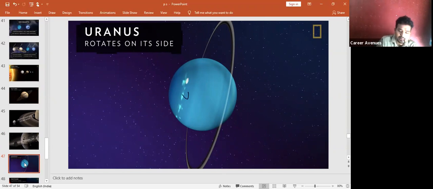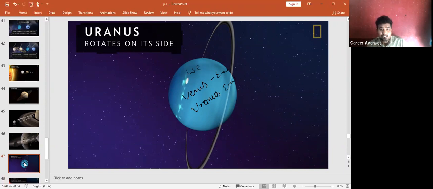Venus and Uranus rotate from east to west, while all other planets rotate from west to east. That means suppose you are on Venus or Uranus, you will see sunrise in the west and sunset in the east. So there we have an entirely different concept.